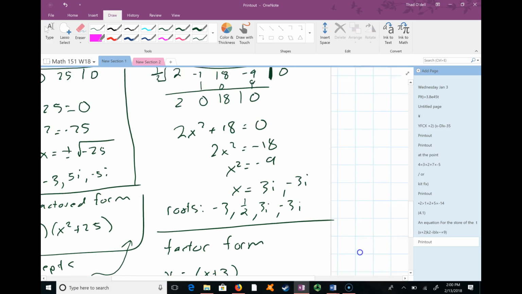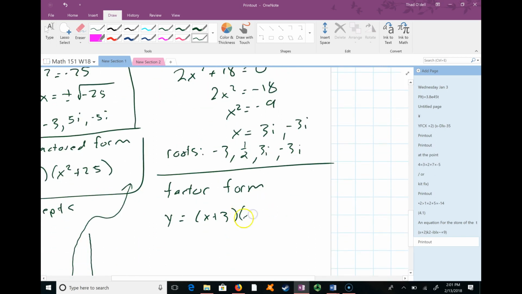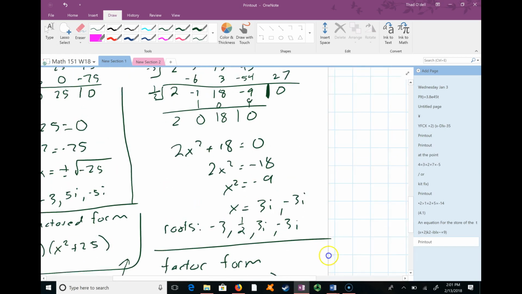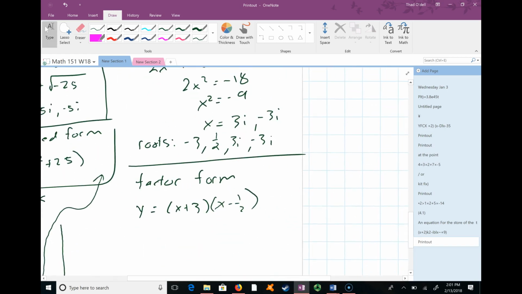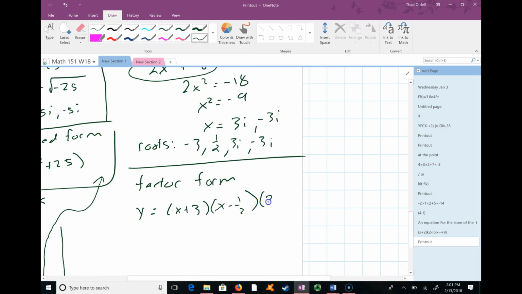I have a 1/2, so that would be x minus 1/2. And I have a 3i and -3i. Now remember, that came from this unfactorable quadratic, so I'm going to write that 2x squared plus 18.